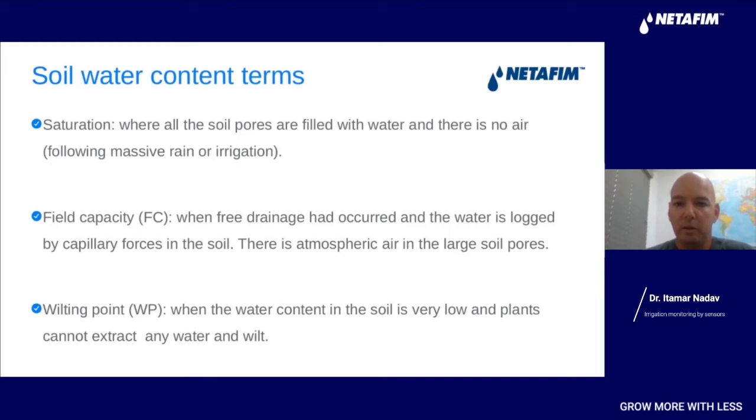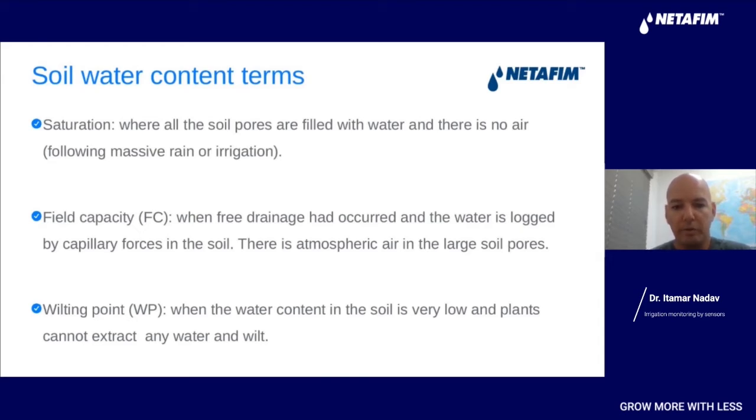This situation is very short-term, and it follows massive irrigation or rain. After some of the water has drained, we come to the field capacity, which is when all the big pores of the soil have drained, and all the water is being held by capillary forces in the soil.